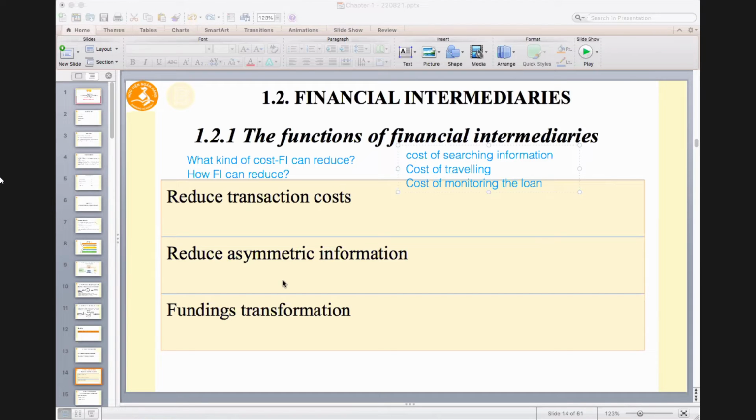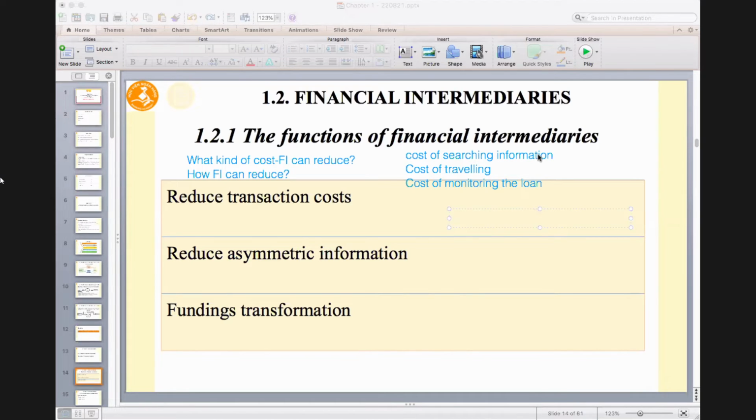Okay, I will give you an example. For example, the bank gives loans.